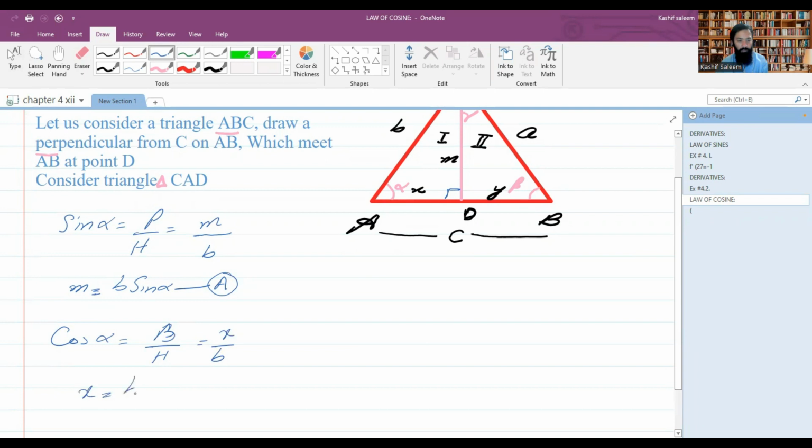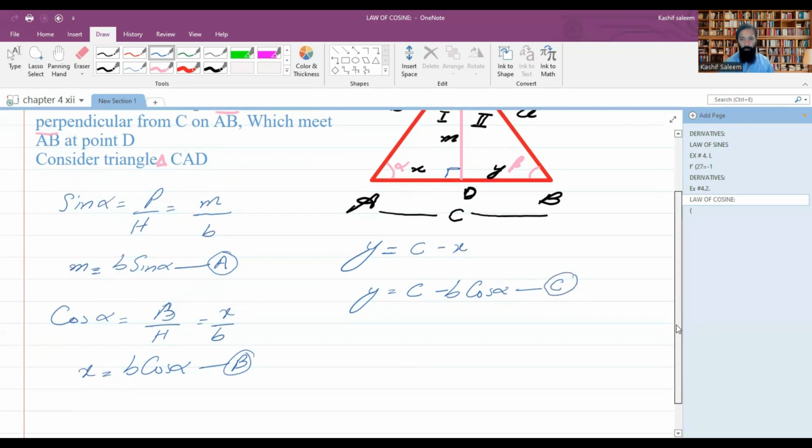So we have x is equal to b cos alpha, which is equation B. Now if you look at this figure, the length of AB is equal to c, and we have already figured out X, so we can find Y, which is equal to c minus X. So Y is equal to c minus b cos alpha. Say this is equation C.